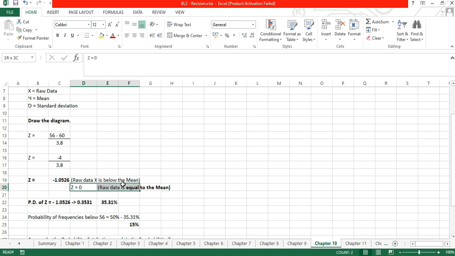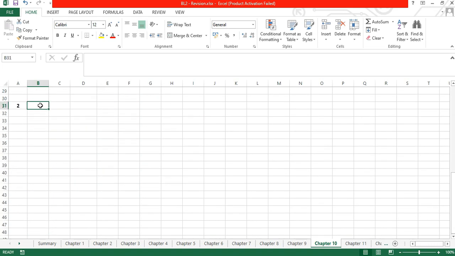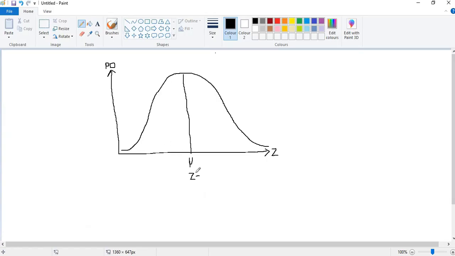When the Z value is equal to the mean, that means Z is equal to 0. So Z is 0 here.